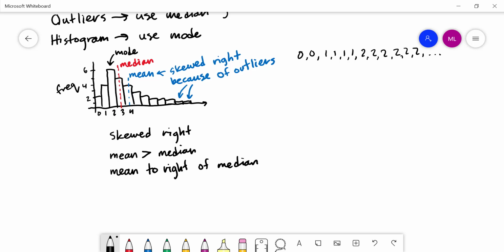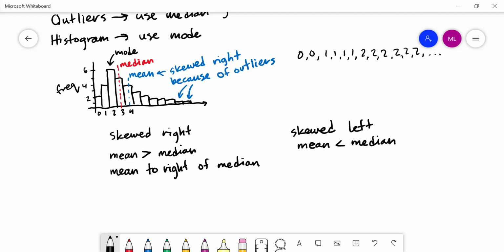If something were skewed left, if those outliers were over here on the left, then the mean would be to the left of the median. And so we would have that the mean would be less than the median.